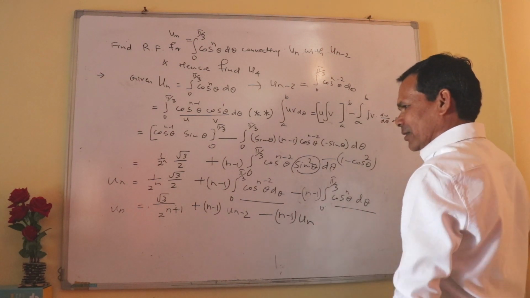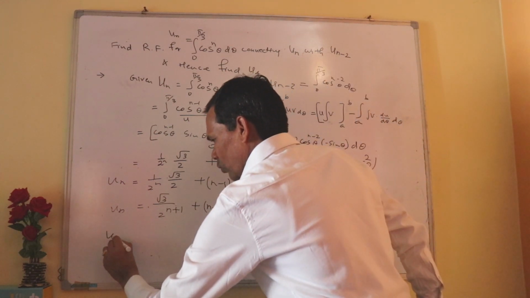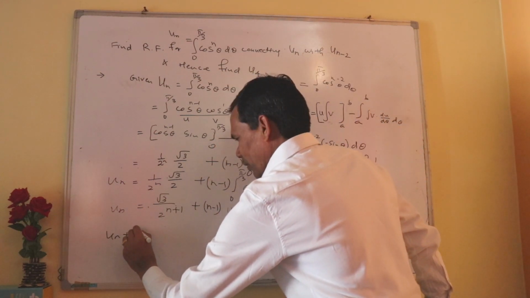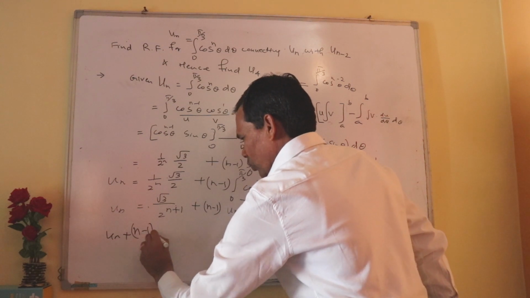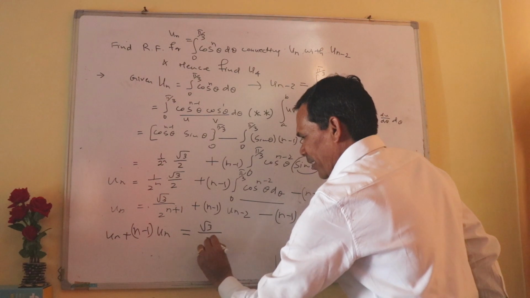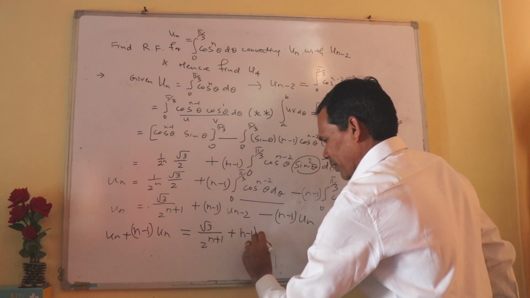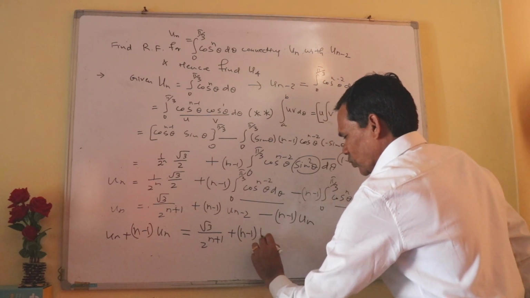So I collect the terms of un. I just take this term on that side. So it is un plus n minus 1 into un is equal to root 3 divided by 2 raised to n plus 1 plus n minus 1 into un minus 2.